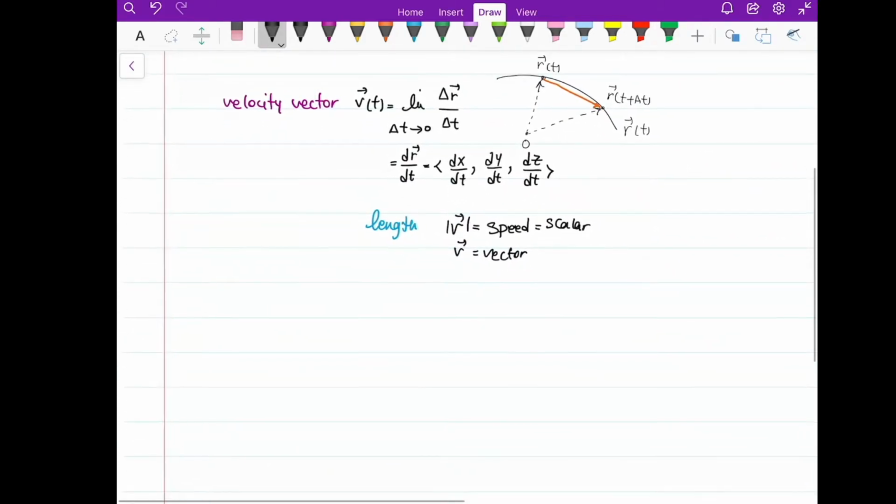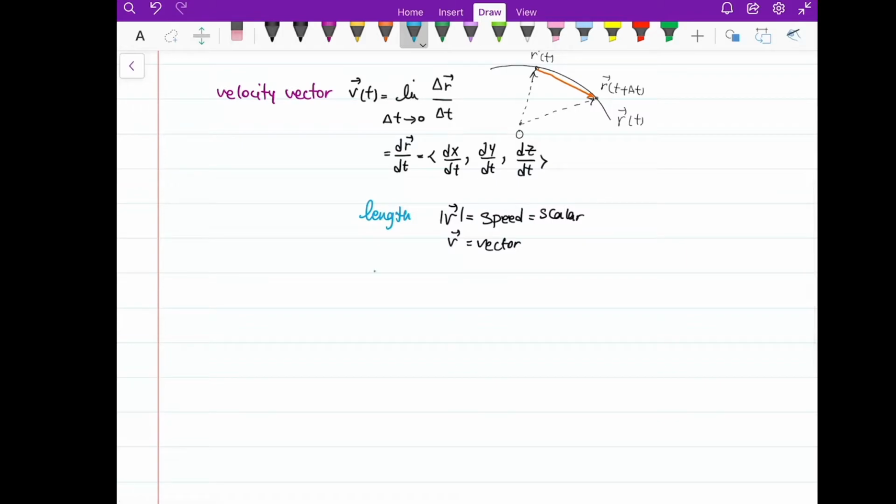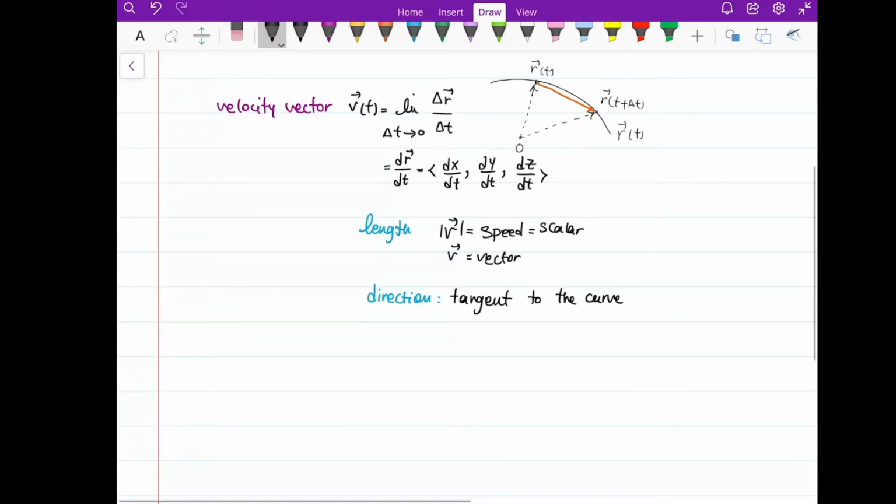The direction is also important, and the direction of the velocity vector is tangent to the position curve. Why? When delta t goes to 0, r of t and r of t plus delta t are very close to each other.